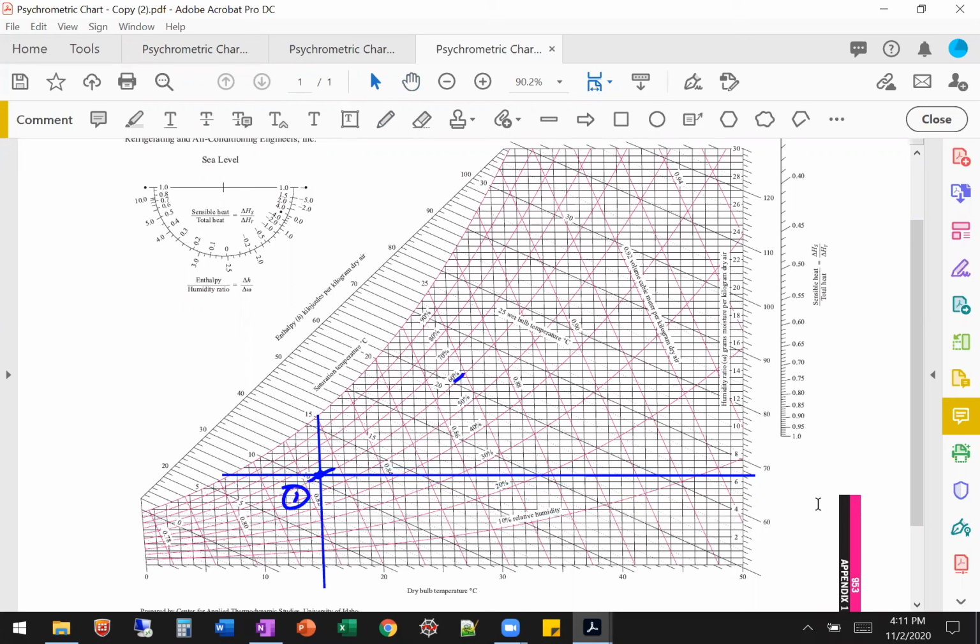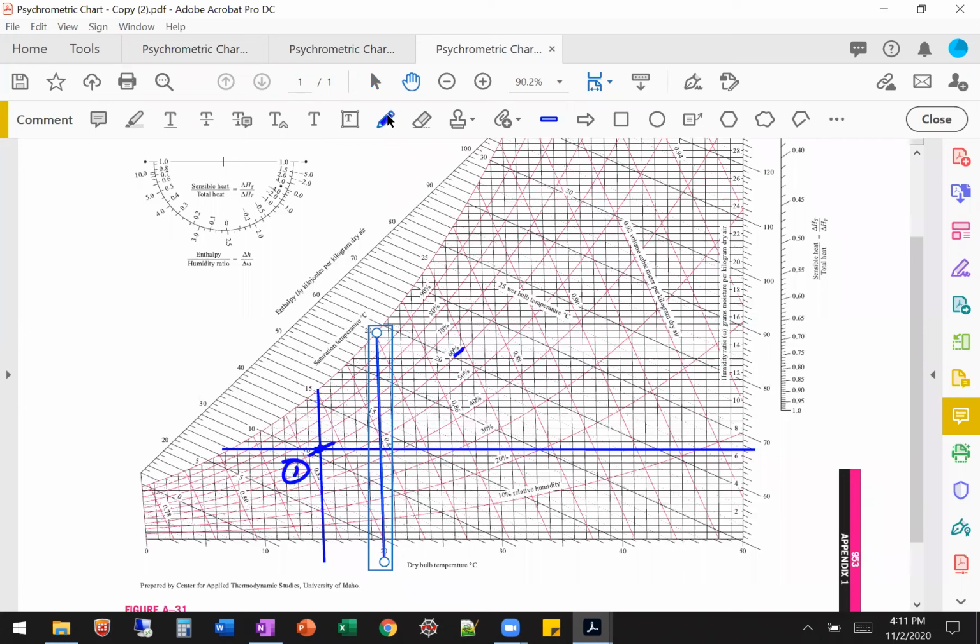And we hold constant, and then we hit 20, right? So that's our temperature equal to 15. Here's temperature equal to 20, and our second point. So we went right like that. So that's our heating section.